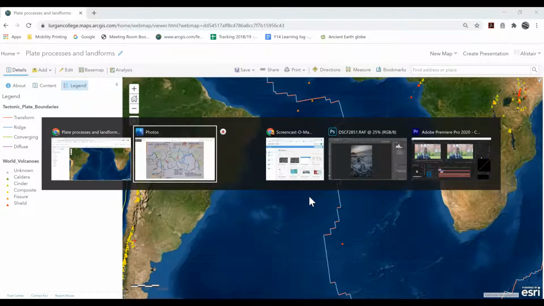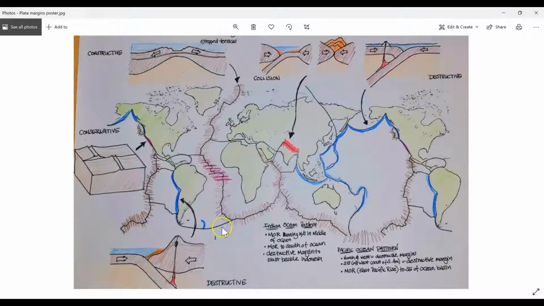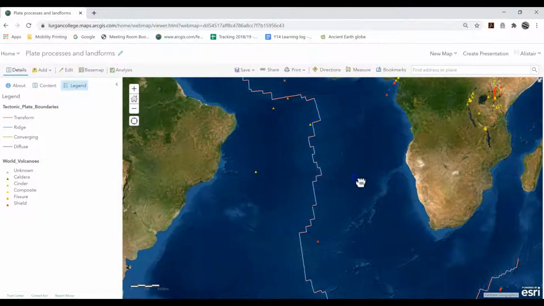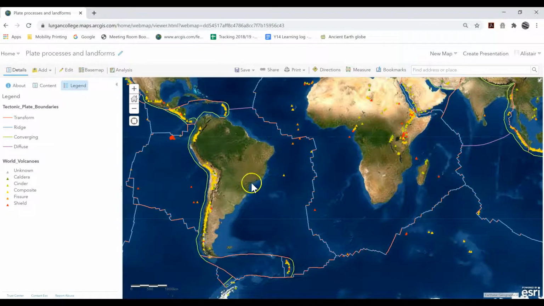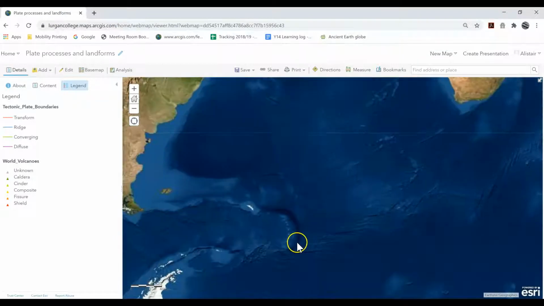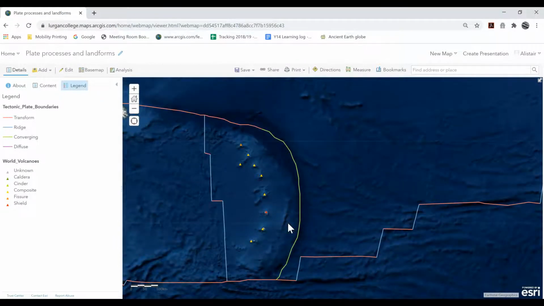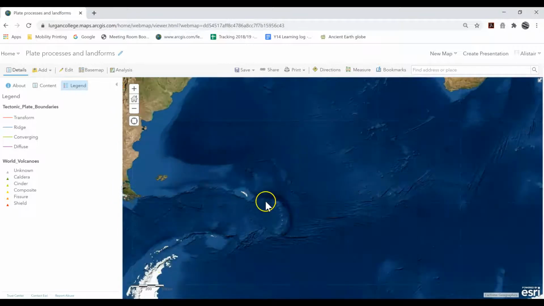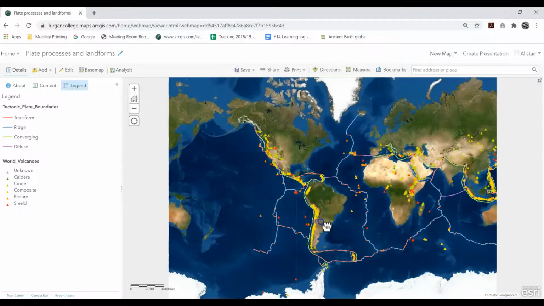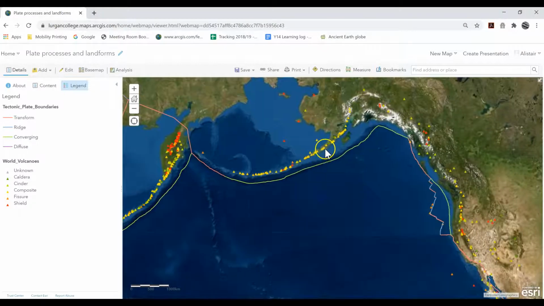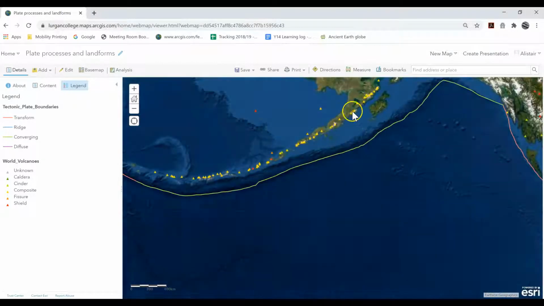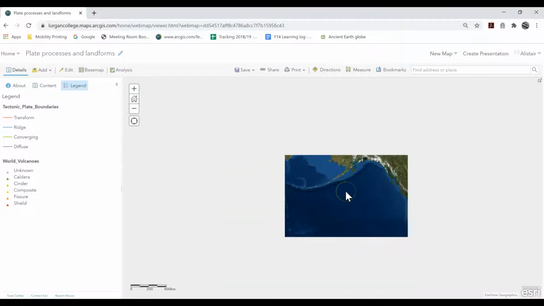You will know from what you've done in your poster, Southern Atlantic Ocean is your constructive plate margin, your mid-Atlantic ridge, and you'll have a sense even before you have to decode anything in the resource itself of what you're likely to find here. If you're given an exam question about the South Sandwich Islands, you will know about those before you even have to decode the question itself. If you're given a question about the Aleutian Islands up here, you will know the ocean trench island arc pattern and so on and so forth.